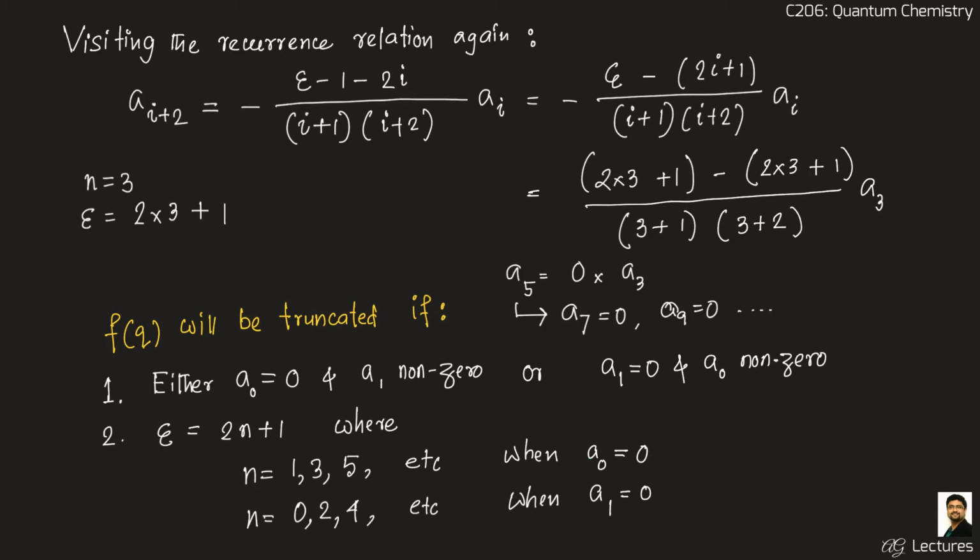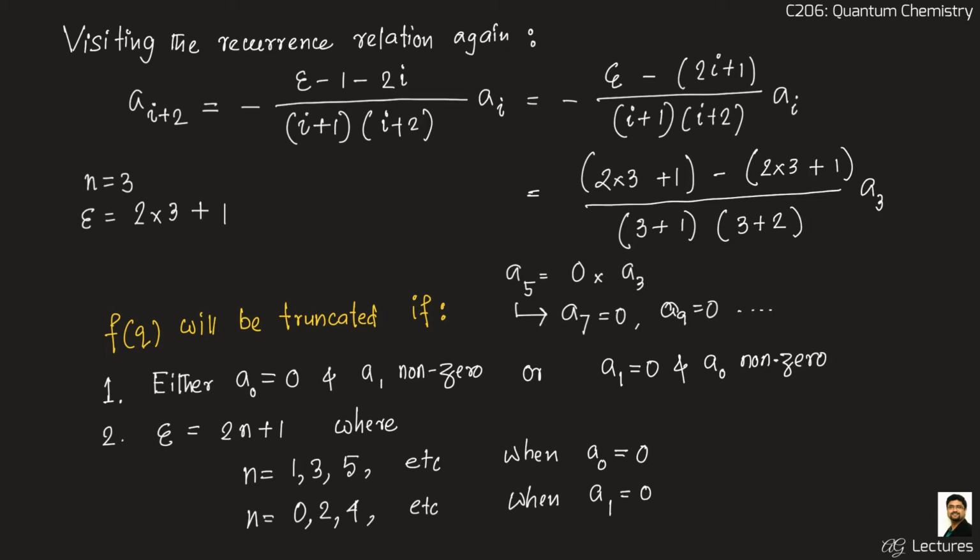In the odd series, I have got a3, but from a5 onwards, all the coefficients are 0. Hence, in that particular f, we have only up to a3, or up to q to the power 3, q cube. That's the highest power in that particular series. So now when n equals 3, we get f to be not an infinite series, but rather a polynomial of degree 3.